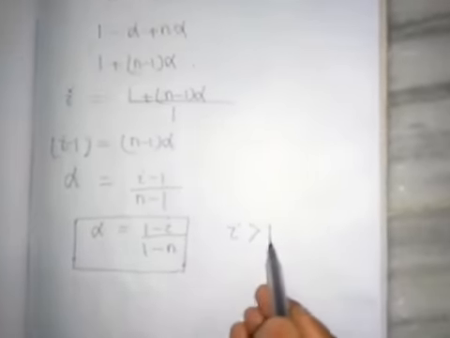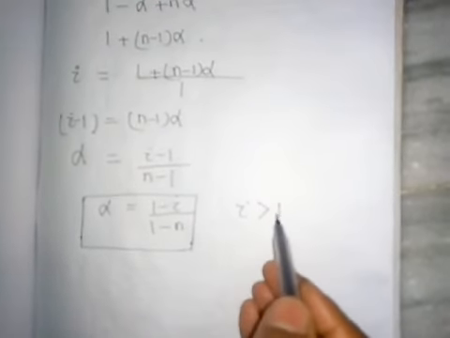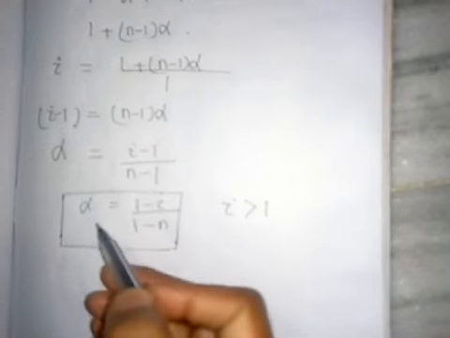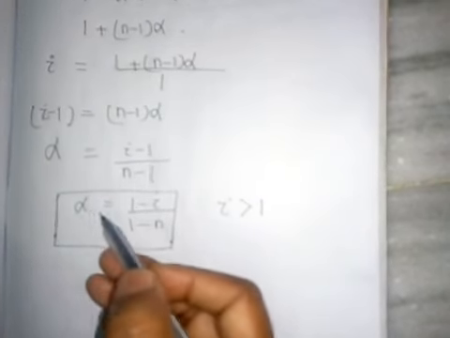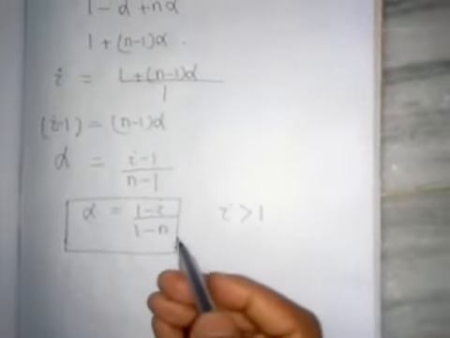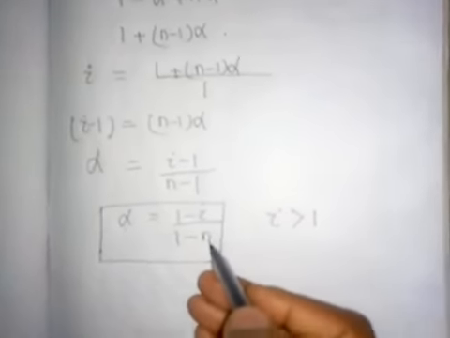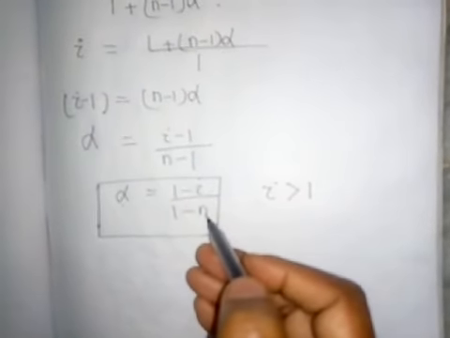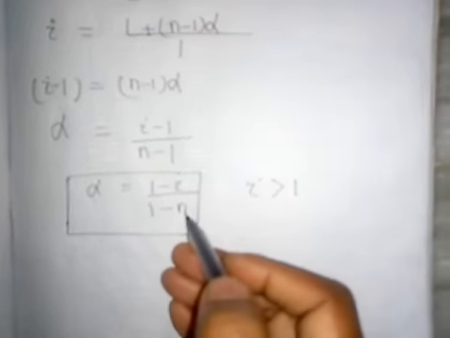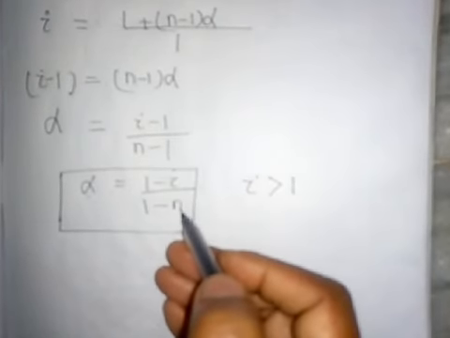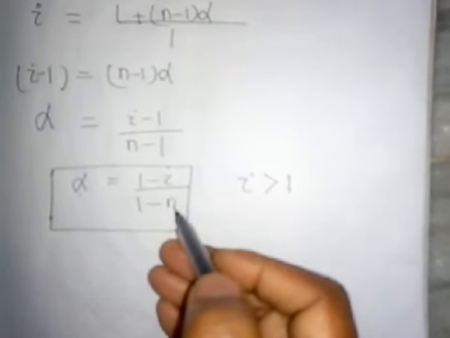Now when dissociation takes place, i is greater than 1, that is the Van't Hoff factor is greater than 1. The degree of dissociation is equal to (1 minus i) by (1 minus n), where n number of moles of solute are formed.